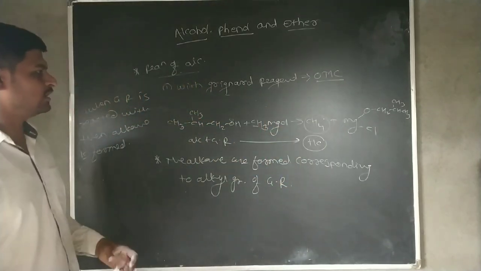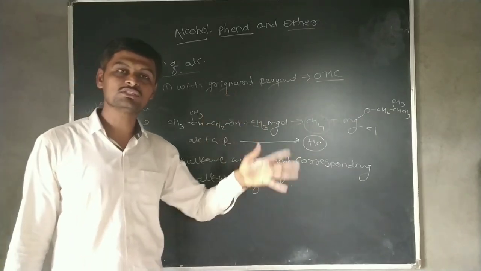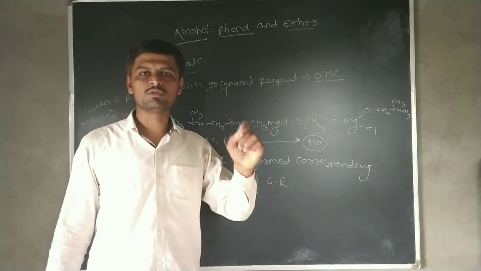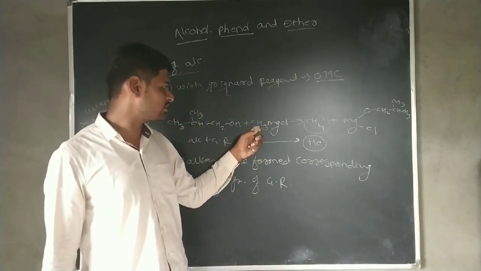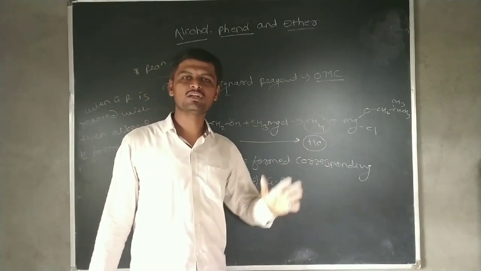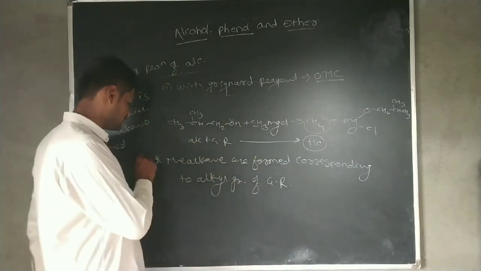That means the alkane, the hydrocarbon product, totally depends on which alkyl group is present in the Grignard reagent. Then the corresponding carbon atoms of this Grignard reagent generate the respective hydrocarbons. Okay. Therefore, this is the most important point.